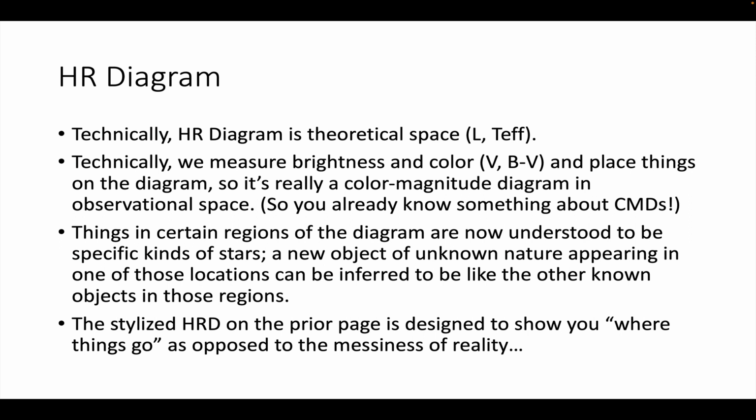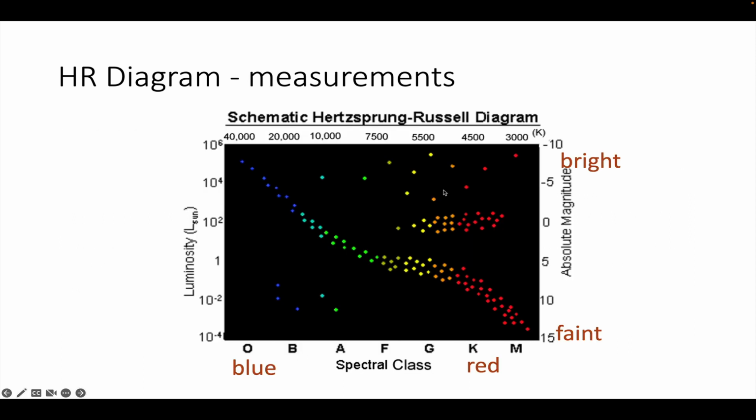So you already know something about color magnitude diagrams. Things in certain regions of the diagram are understood to be certain kinds of stars. So if I give you a new object and say it's here, what is it? It's a giant, right? If I gave you a new object here and asked you what it was, what is it? It's a white dwarf, right?